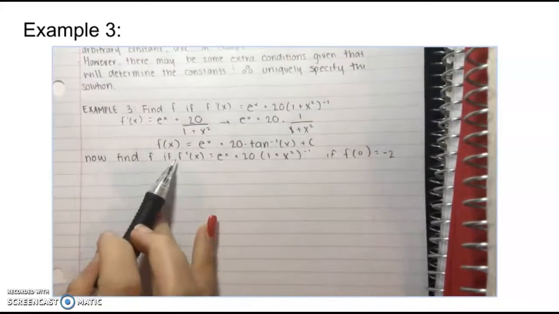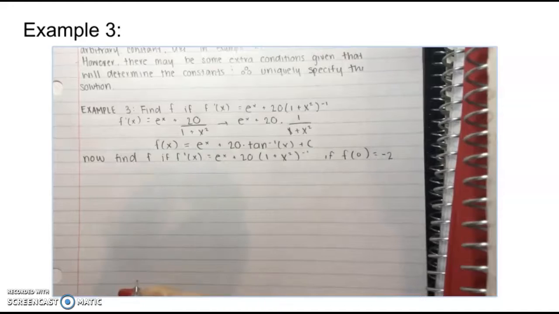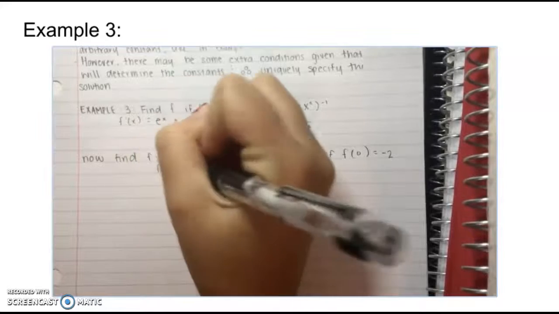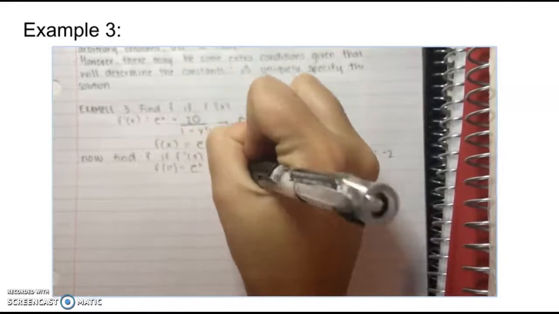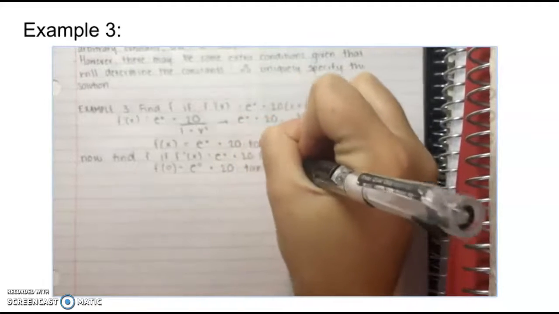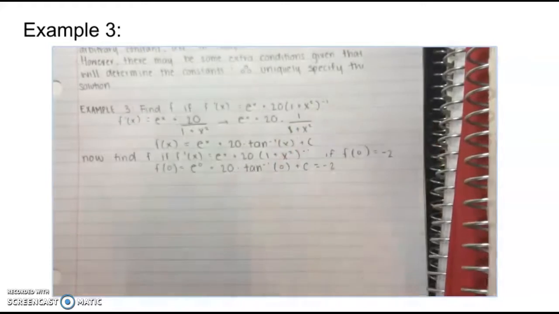So we already solved for this part of it. Now, to find c, all we have to do is plug in 0 and set it equal to negative 2. So we can do f of 0 equals e to the 0 plus 20 times inverse tan of 0 plus c equal to negative 2.